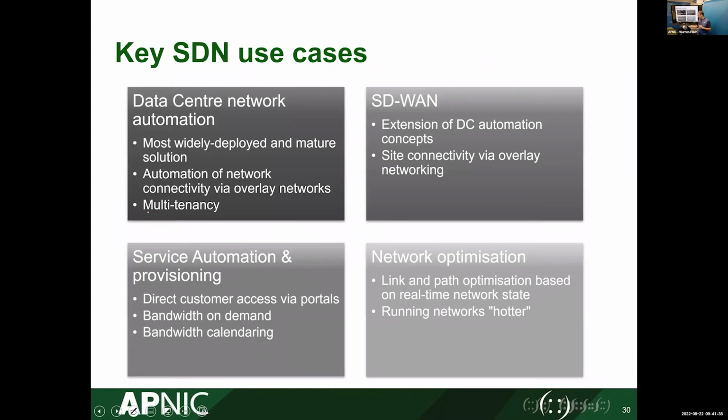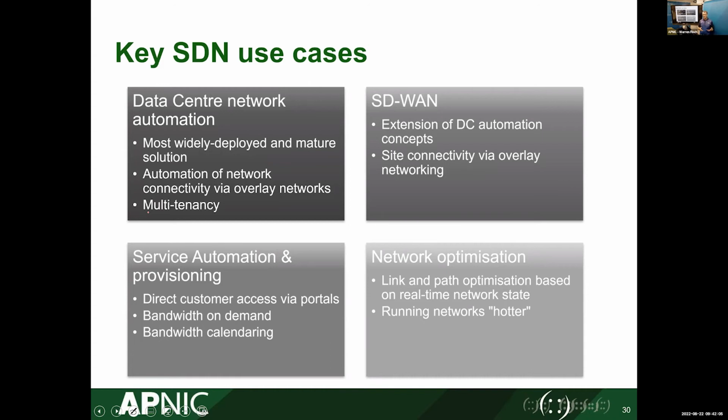From a use case point of view, there's various types of use cases that you can have. One of the more common ones is in our data center. So if you think about Azure, AWS, Google Cloud, or even your own data center, if it's a very large one, you're going to have this underlay network that is the hardware, and you're going to have various tenants that are going to subscribe to services.